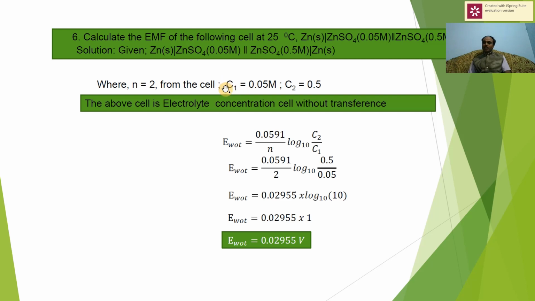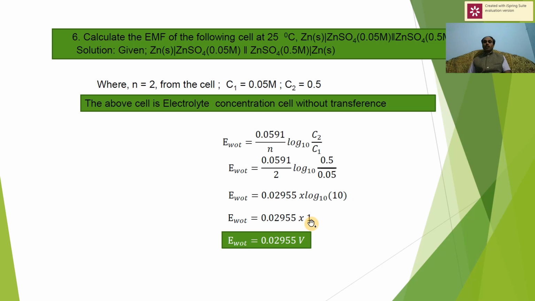Now, C1 is also a Zn2+ concentration, C2 is also a Zn2+ concentration. So you should not write Zn2+ and Zn2+. Instead, you have to distinguish the concentration of these two as C1 and C2. Now C2 is known, C1 is known. You have to substitute these values here, and log 0.5 divided by 0.05 gives you log 10.